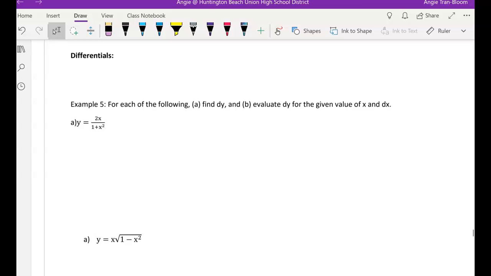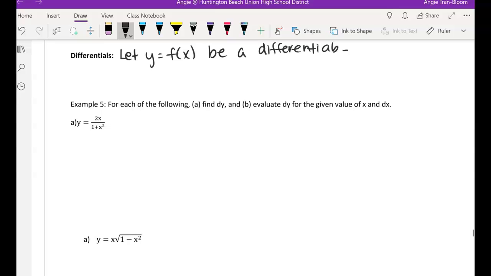With differential. Let's define that really quickly. Let y equal f of x be a differentiable function.